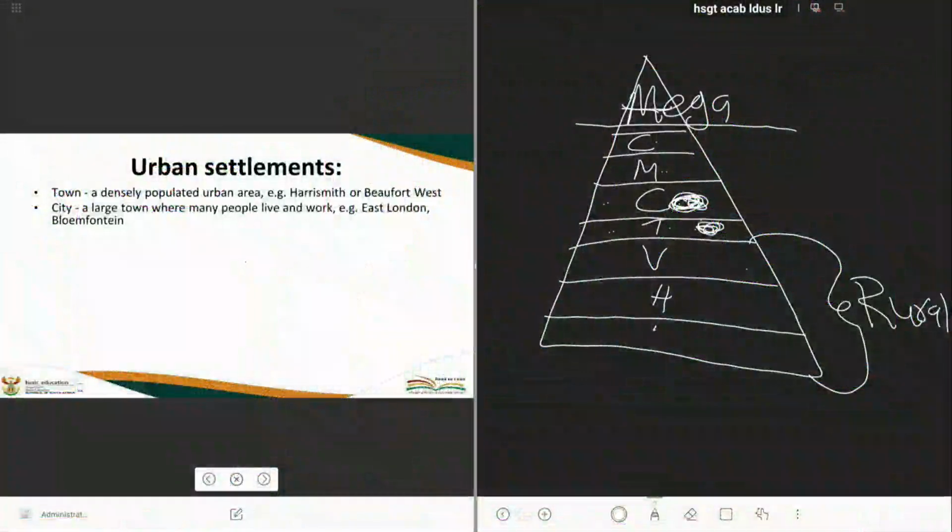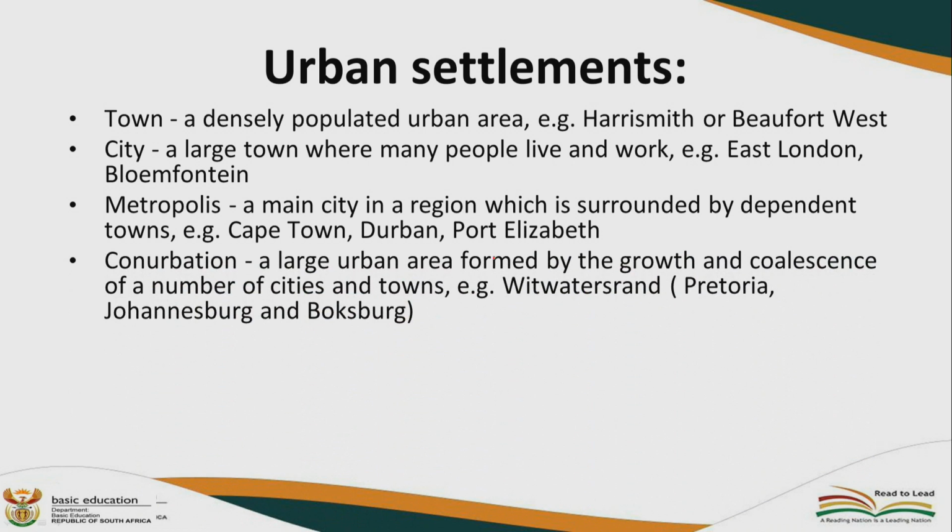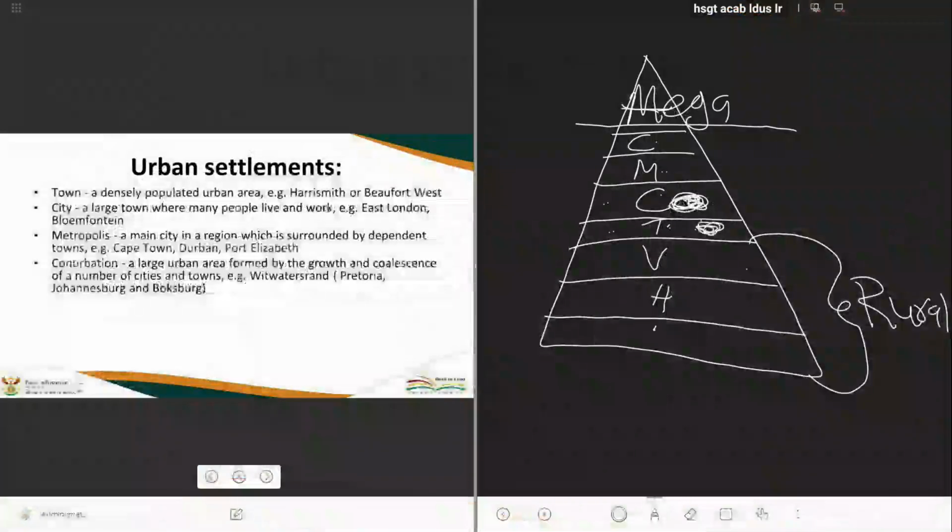Okay, and we have the next one, which is metropolis, a main city in a region which is surrounded by dependent towns like Cape Town, Durban, and Port Elizabeth. That's the metropolis. And then we do have conurbation. When we talk about conurbation, that's where towns and cities are joined together to give us one thing.